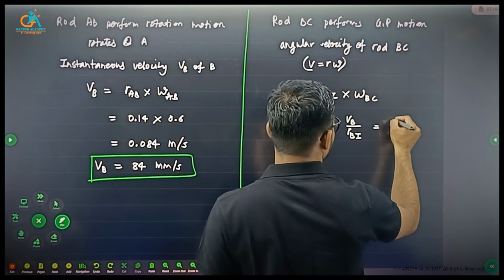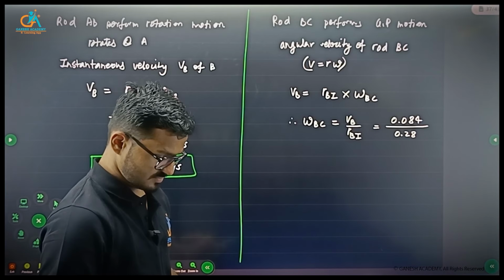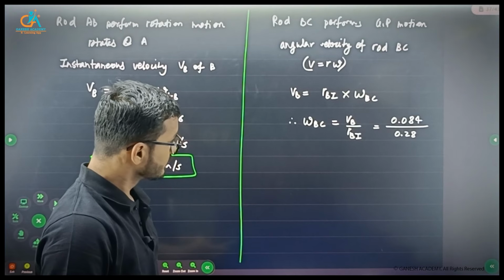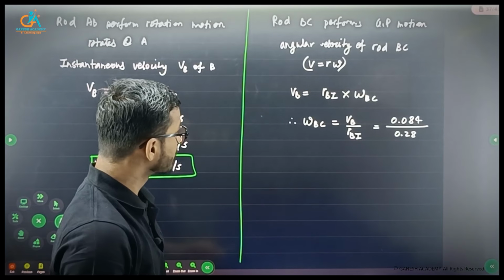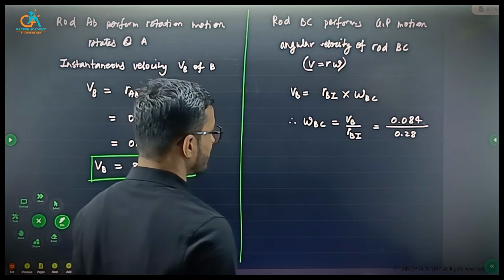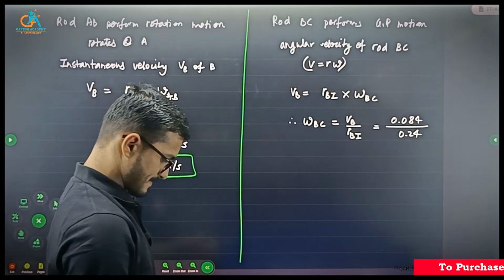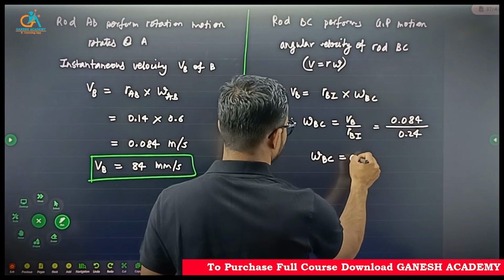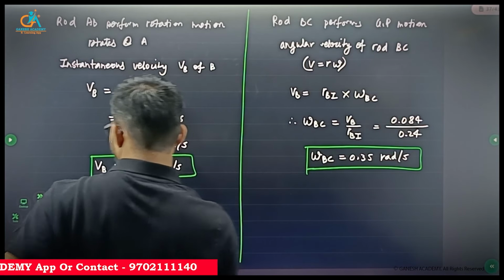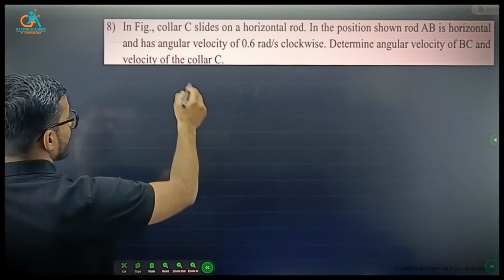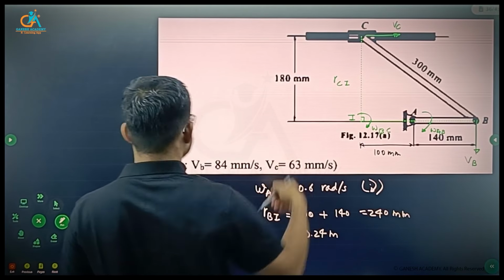So 0.084 divided by 0.24 meter. It is 0.35 radian per second, and we can use the value to calculate the velocity of the collar at C. This distance is RCI, which is 180.